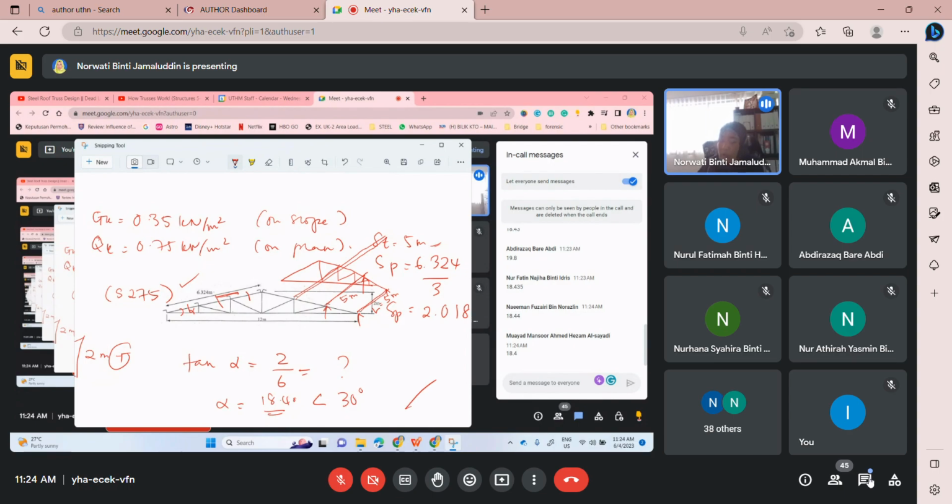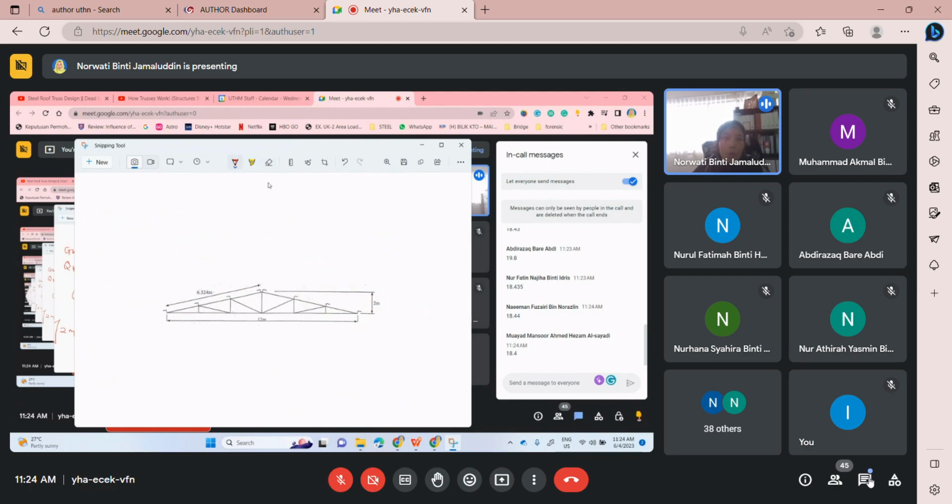So in order to use this empirical method, the final result that we want, because we deal with design, is of course to know the suitable size. We have decided that we want to use an angle section.